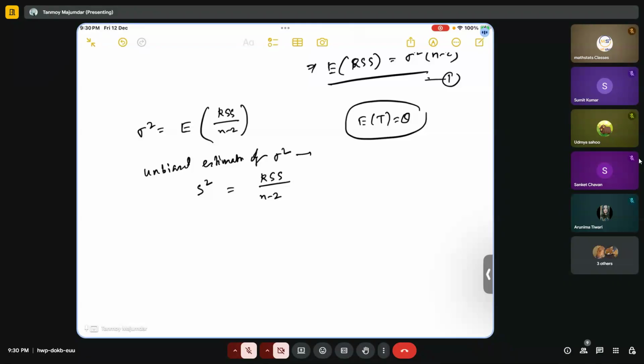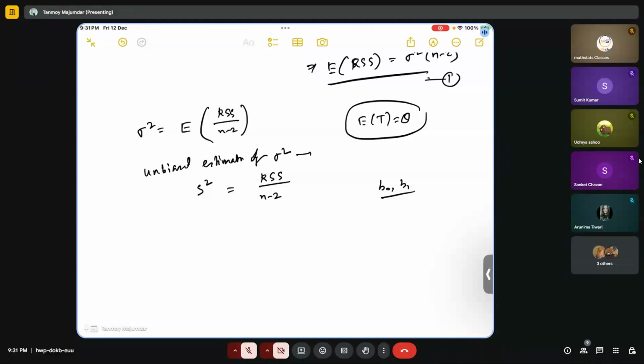That's why we call sigma square a model dependent estimate. Okay, why is it model dependent? Because of the 2 degrees of freedom. These 2 degrees of freedom are lost due to estimation of b0 and b1. We are estimating both of them, so that's why we lose 2 degrees of freedom.